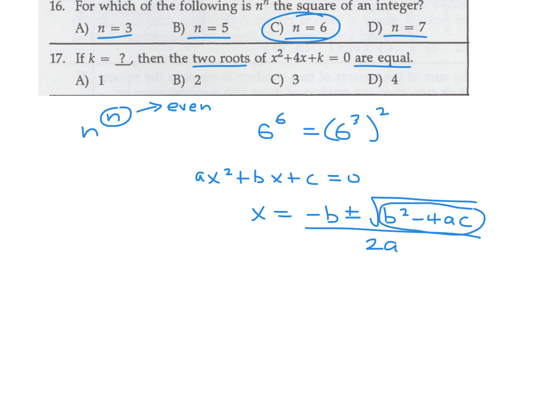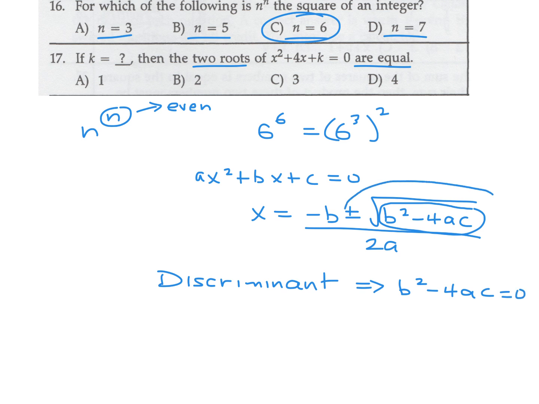And that guy has a special name. It's called the discriminant. So the discriminant is b squared minus 4ac. And if that is equal to 0, this whole thing would vanish, right? And therefore you'd only have one root, or two equal roots. Same kind of thing.